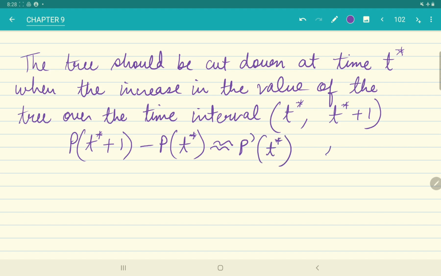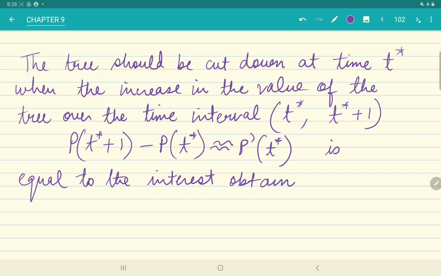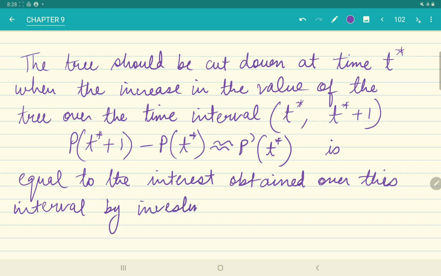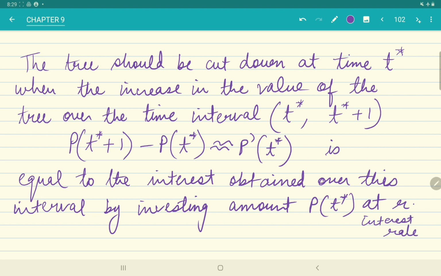This is equal to the interest obtained over this interval by investing amount P of T star at little r, at interest rate R. And what is that?